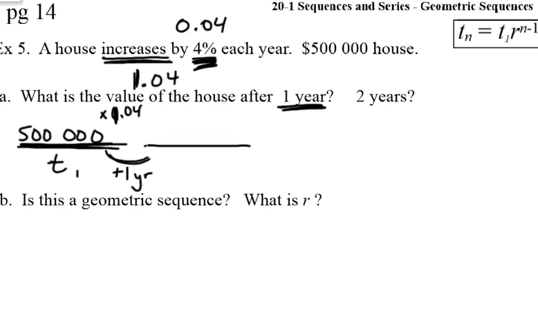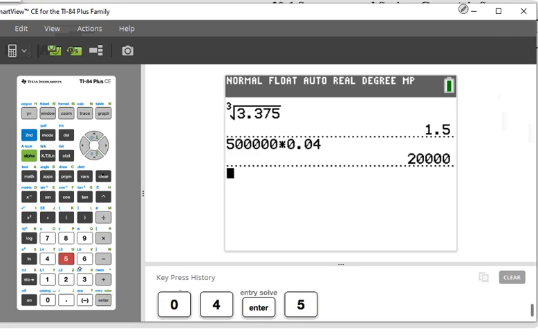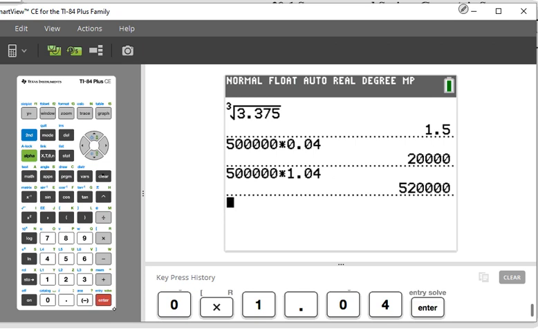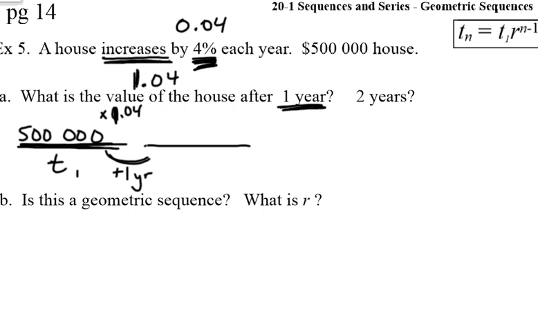So if I take my 500,000 and then multiply by 1.04, the value of the house goes up to 520,000. That makes more sense. But this is now term 2, which is after 1 year.